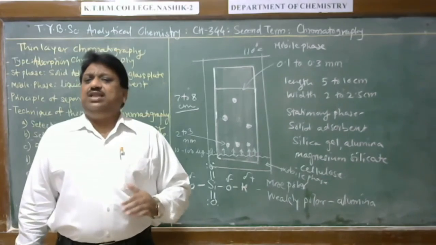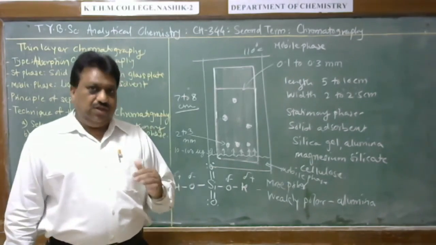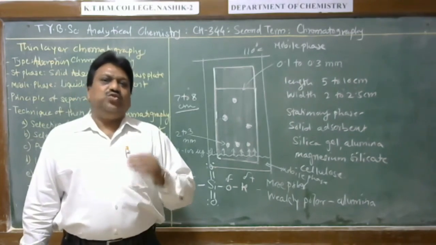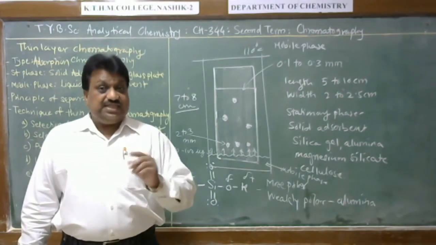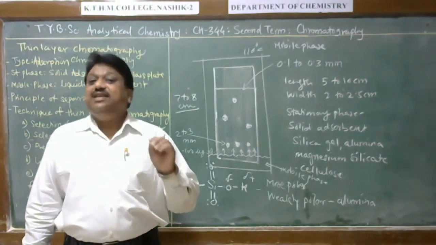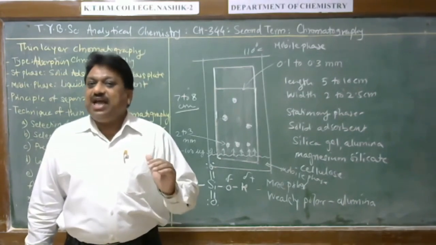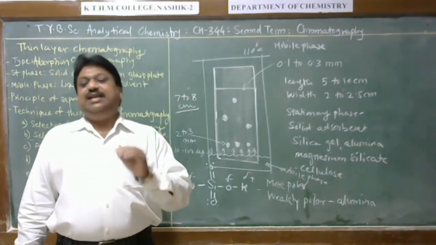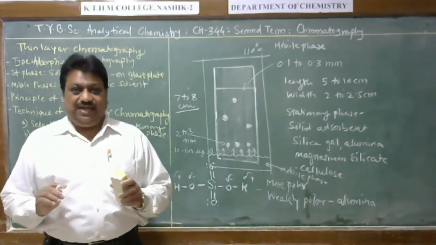Student, this is about the technique of thin layer chromatography and its application. Based on today's discussion, you can find out the answers of the following questions. Number one, what is TLC? TLC means thin layer chromatography, an adsorption type of chromatography in which solid adsorbent material is coated on a glass plate or plastic plate.